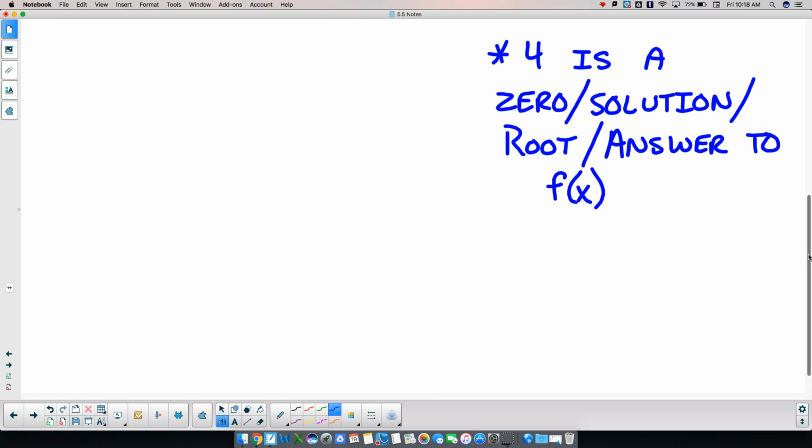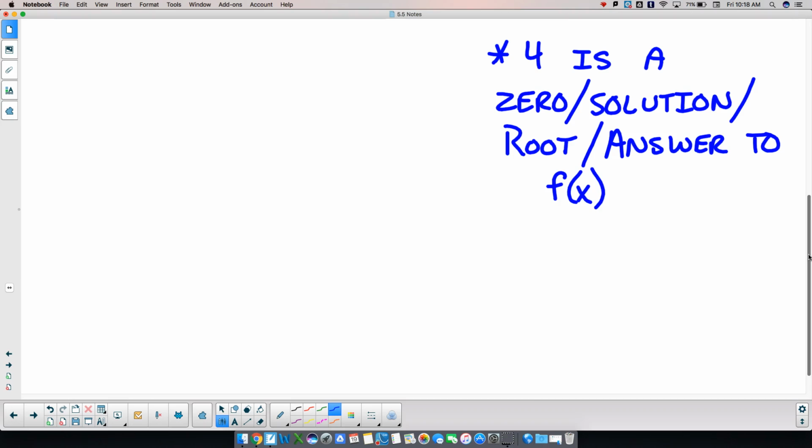What is the factor if it's not 4? Think back to yesterday. What would the factor be? It's supposed to be like x plus a number.